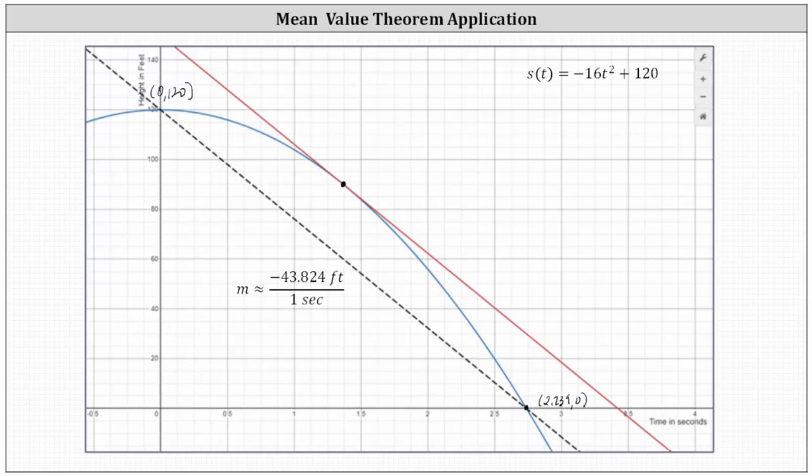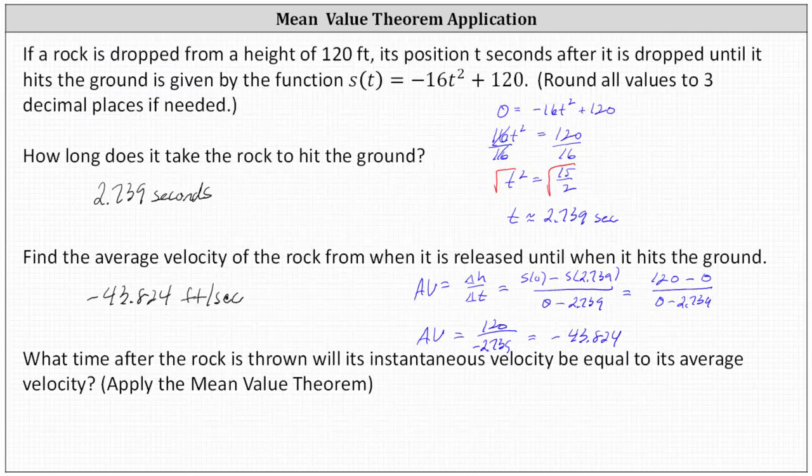And then for the third part, what time after the rock is thrown will its instantaneous velocity be equal to the average velocity? Remember that the instantaneous velocity is found by determining the derivative function s prime of t. S prime of t is equal to the derivative of negative 16t squared plus 120, which is negative 32t, which we set equal to the average velocity of negative 43.824, and then solve for t by dividing both sides by negative 32.